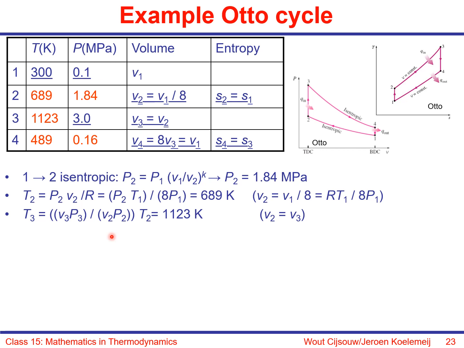Here we apply again the ideal gas law to find T3 from the ratio between P2 that we know, P3, we know that one, V2, and V3 is, oh, that's easy, because we're talking about an isochoric process.